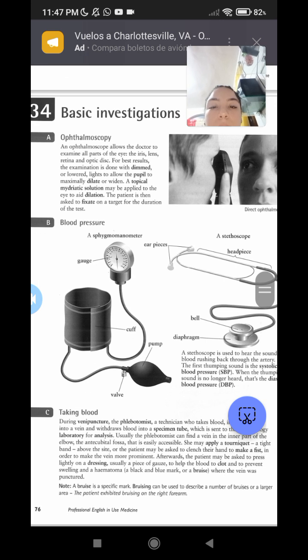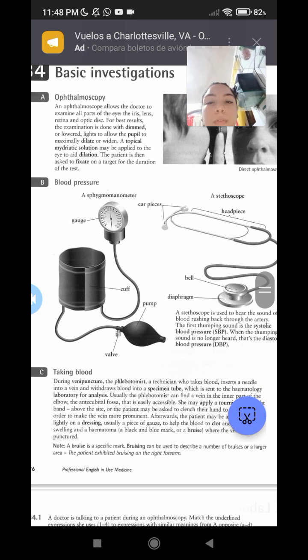For best results, the examination is done with dimmed or low light to allow the pupil maximum dilation. A topical mydriatic solution may be applied to the eyes to aid dilatation. The patient is then asked to fix their gaze for the duration of the test.